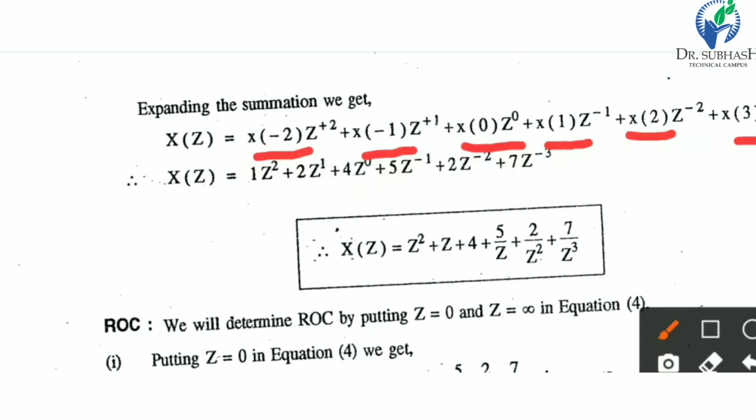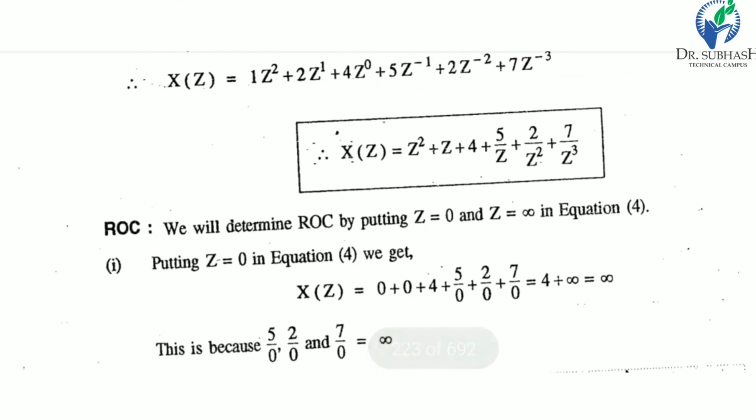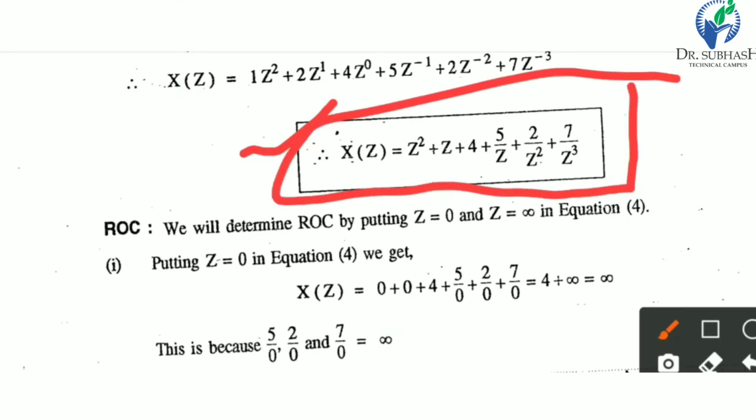After calculating, x of z equal to z square plus 2z raised to 1, 4z raised to 0, 5z raised to minus 1, 2z raised to minus 2 and 7z raised to minus 3. So our final equation becomes x of z equal to z square plus 2z plus 4, 5 by z, 2 by z square and 7 by z cube.